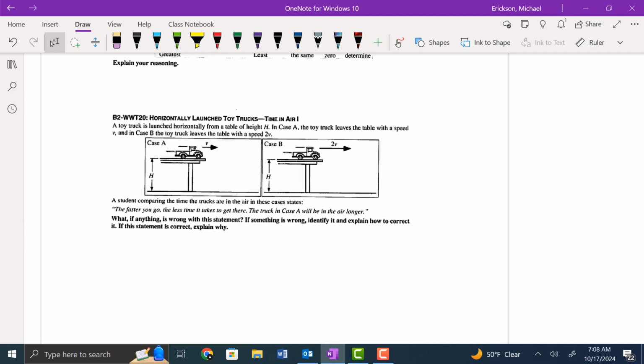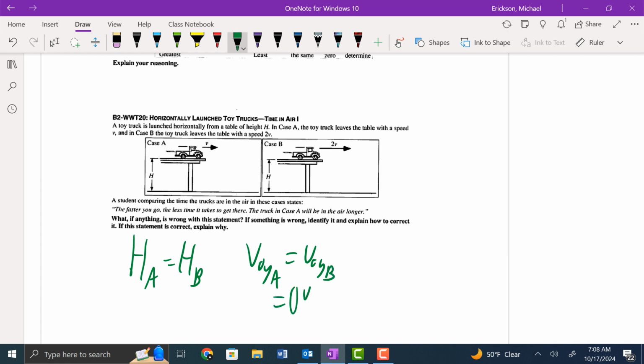Alright, we have a student. They say the faster you go, the less time it takes to get there. The truck in case A will be in the air longer. And what I'll say is that their height A is equal to height B, and v naught ya is equal to v naught yb. They're both 0 meters per second.